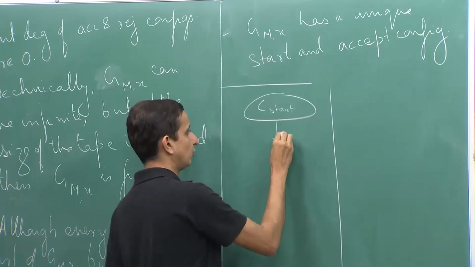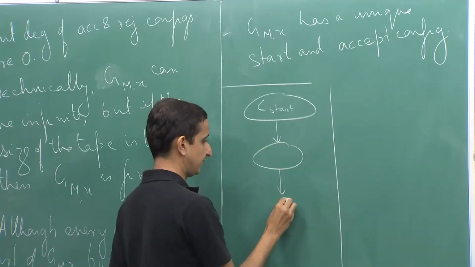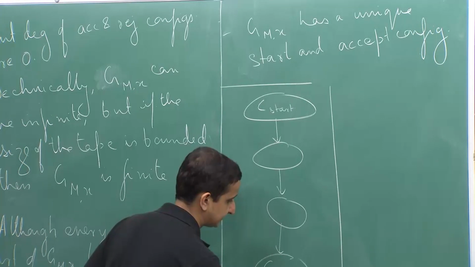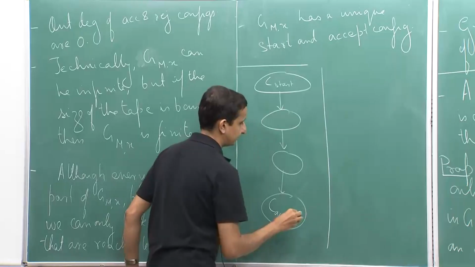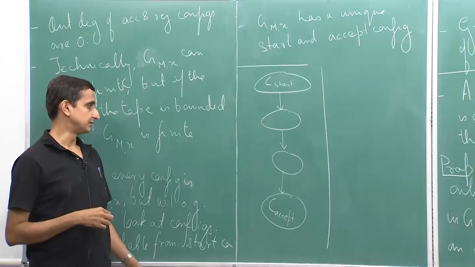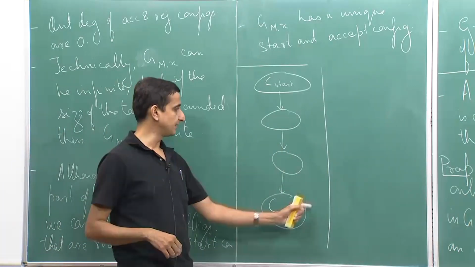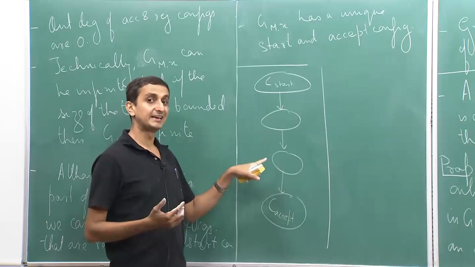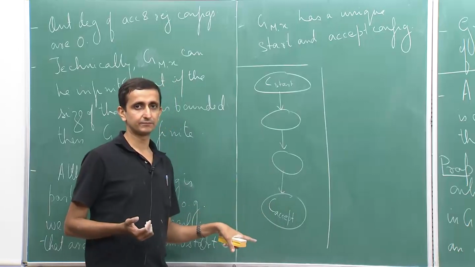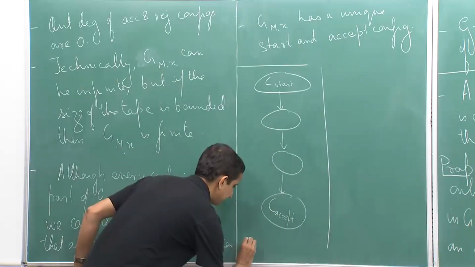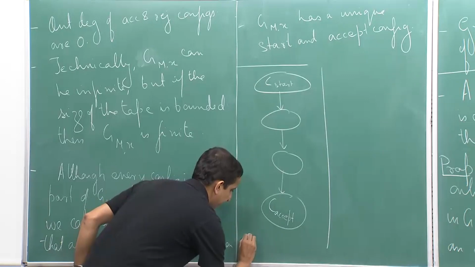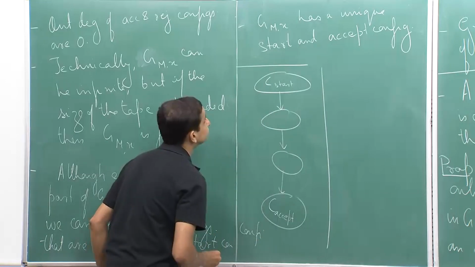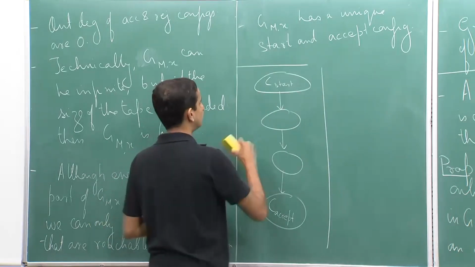Okay. So, from C start I can go to a unique configuration and from here I go to another, and then from here maybe I go to an accept configuration, let us say C accept. Of course, I can have a loop also, I can maybe come back to a previously visited configuration, that is also fine, but I cannot have more than one outgoing edge.